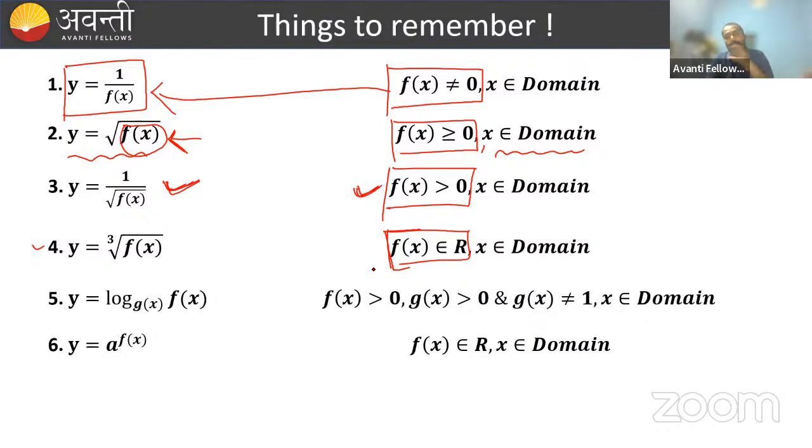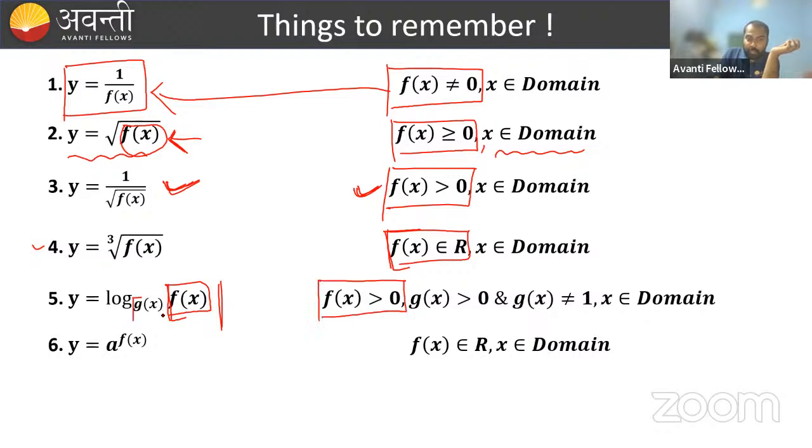Already sir has discussed the logarithmic functions. So how will the logarithmic function be defined? For the logarithm function to be defined, all of you know, I hope, log of f of x to the base g of x to be defined, the argument must be greater than 0. Argument means f of x must be greater than 0, right?